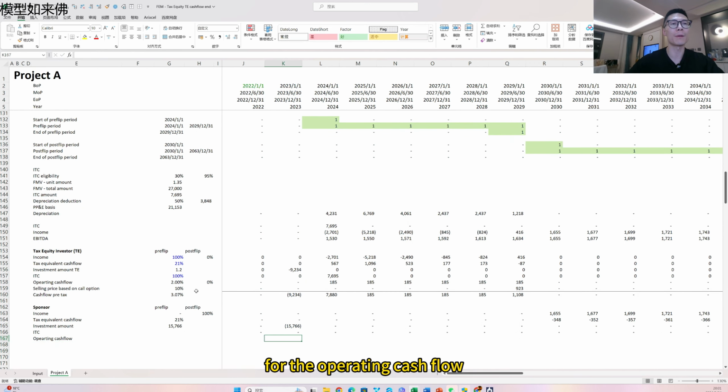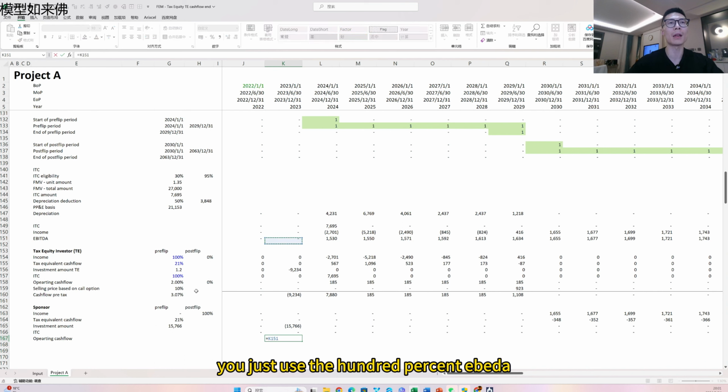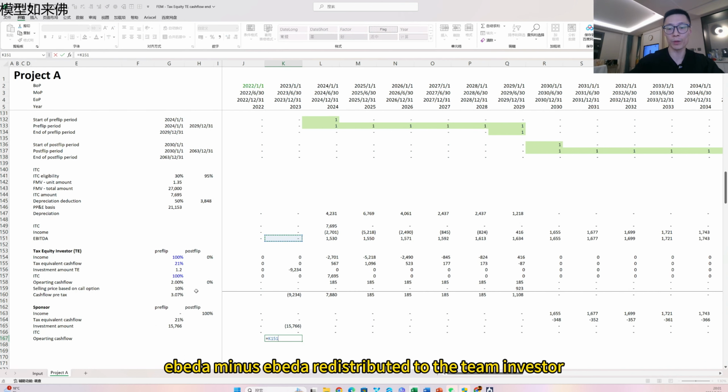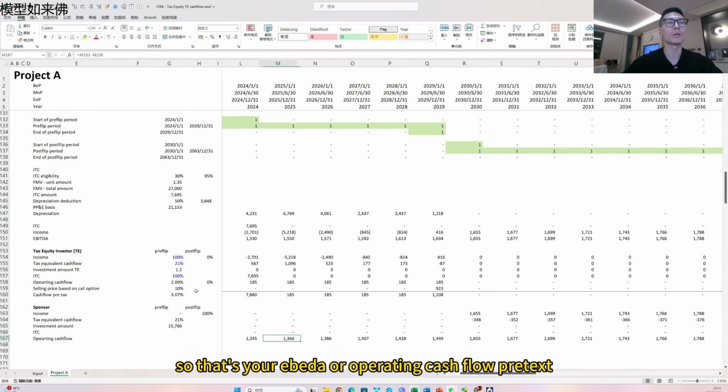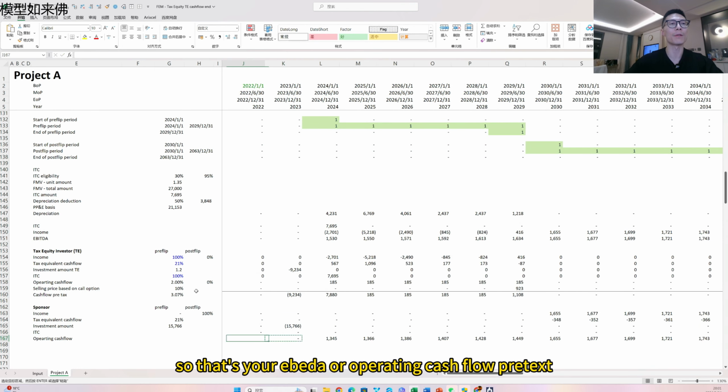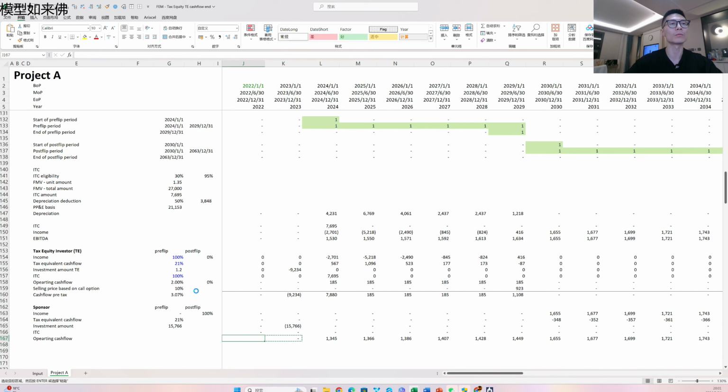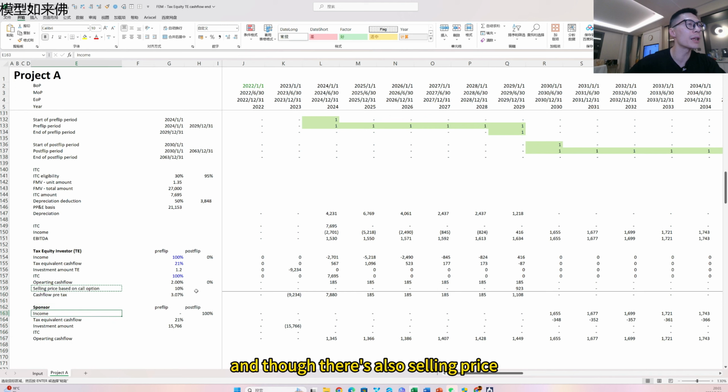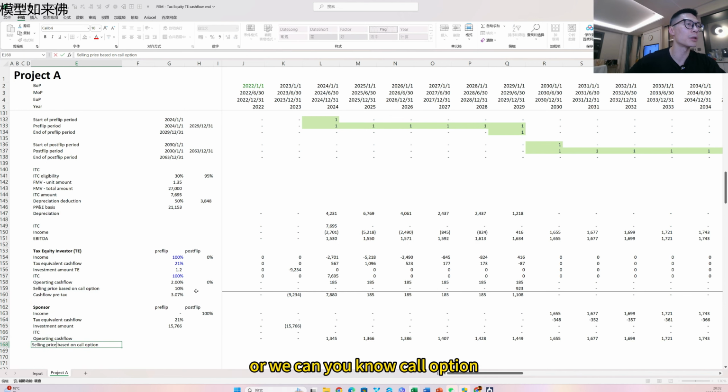For the operating cash flow, you just use the 100% EBITDA minus the EBITDA distributed to the TE investor. So that's your EBITDA or operating cash flow pre-tax. And there's also the selling price, or call option price, which is named as buyback price, whatever it is.